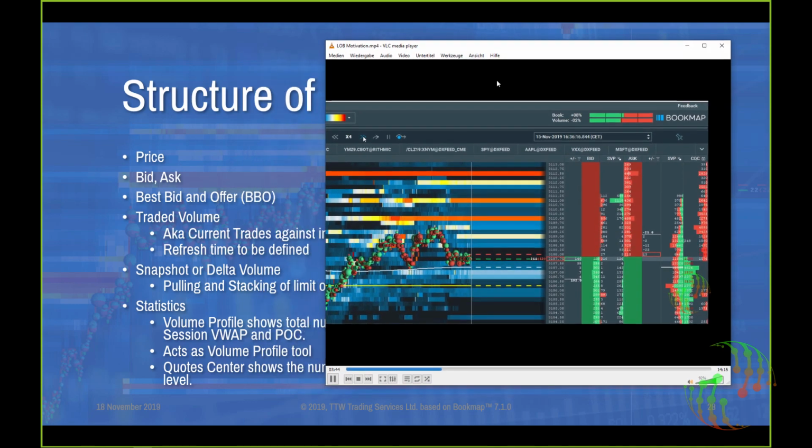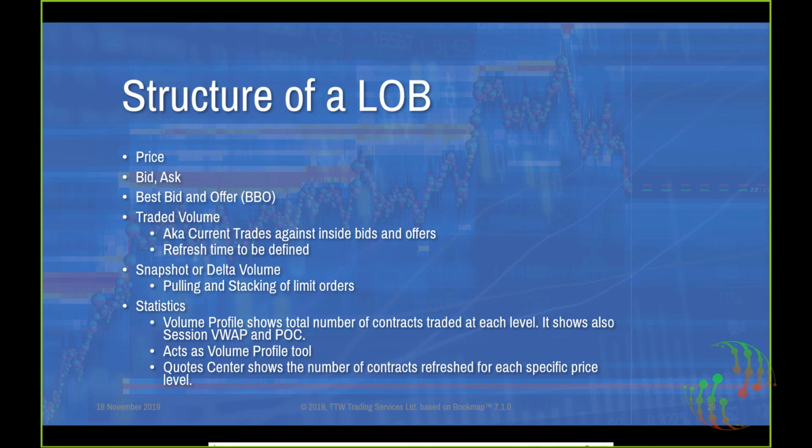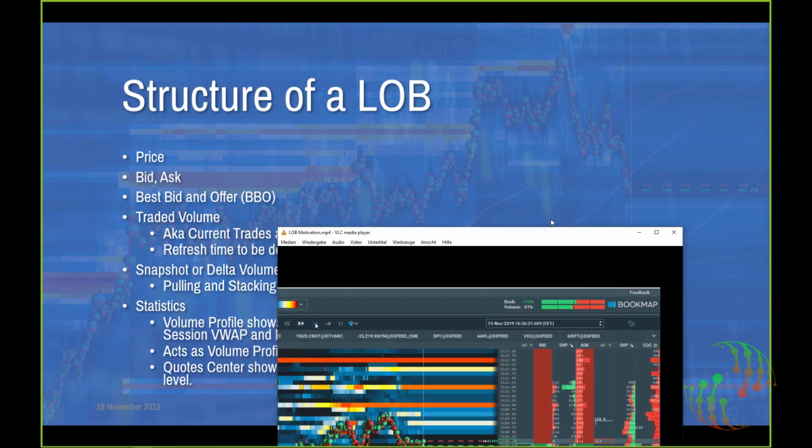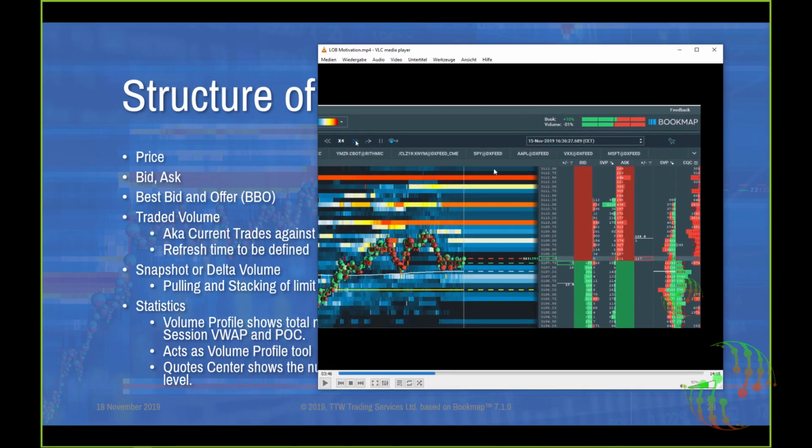We have also some statistical information like VWAP, absolutely important. We will talk about that. The point of control is also viewable and should be there. It doesn't hurt to have it on the chart, because both indicators are calculated in real time.